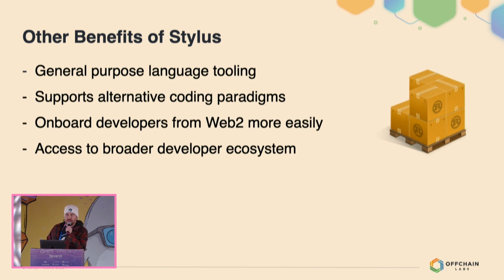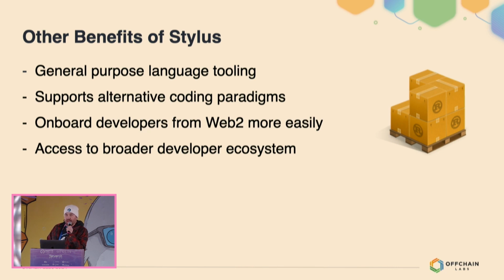You've also got access to different coding paradigms, different design paradigms. Solidity is a very opinionated language. It has a lot of warts. So if you want to explore more of a functional style, or you want to use Rust paradigms, or different design paradigms, it's a powerful concept there.